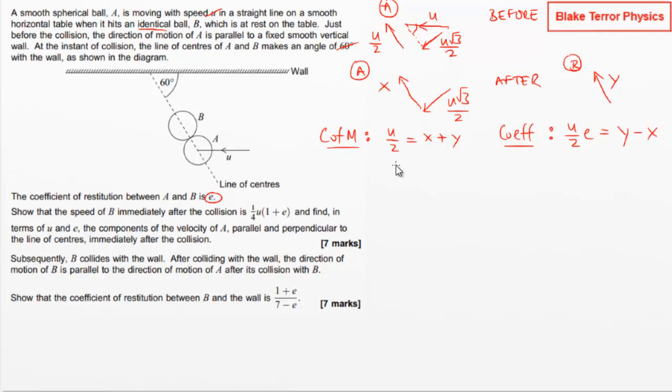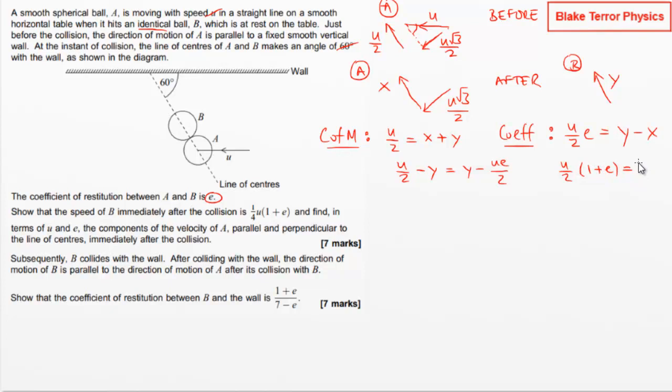So u over 2 minus y, because that's x, is going to be equal to y minus ue over 2. So 2y is equal to, let's factorise this as we go along, u over 2 times 1 plus e.